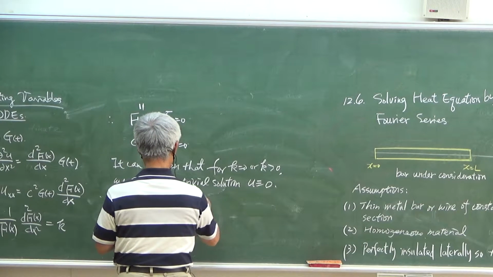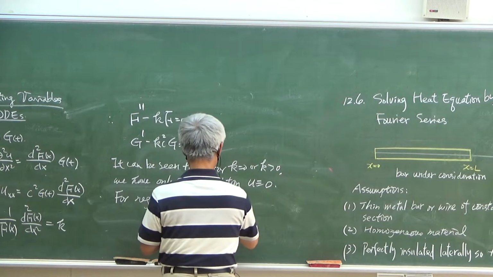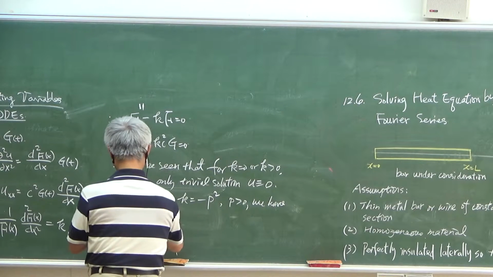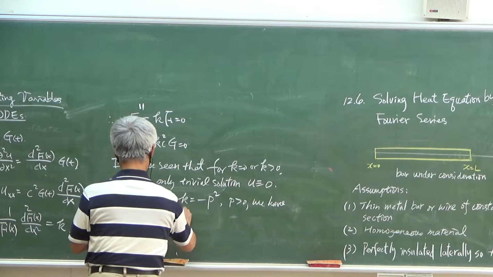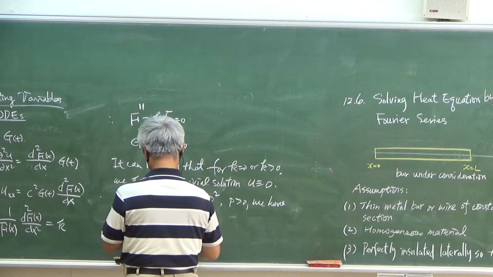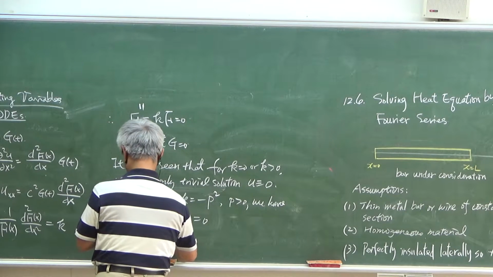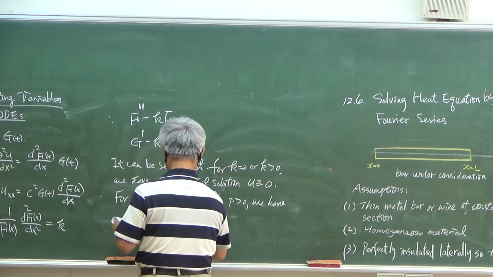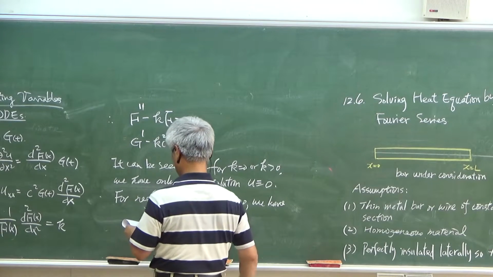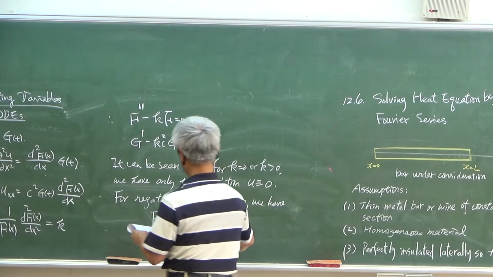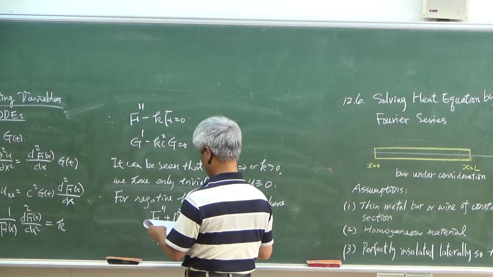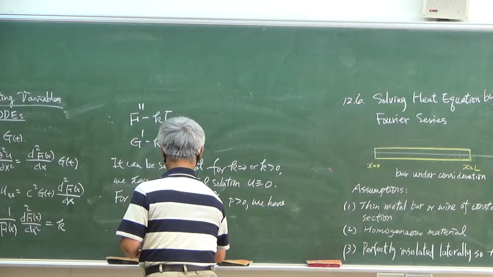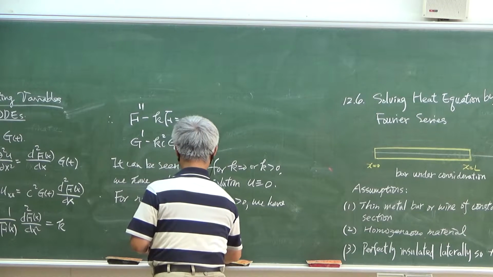But for k negative, okay, k equal to minus p squared, we have f double prime plus p squared f equals 0, and g prime plus p squared c squared g equals 0.